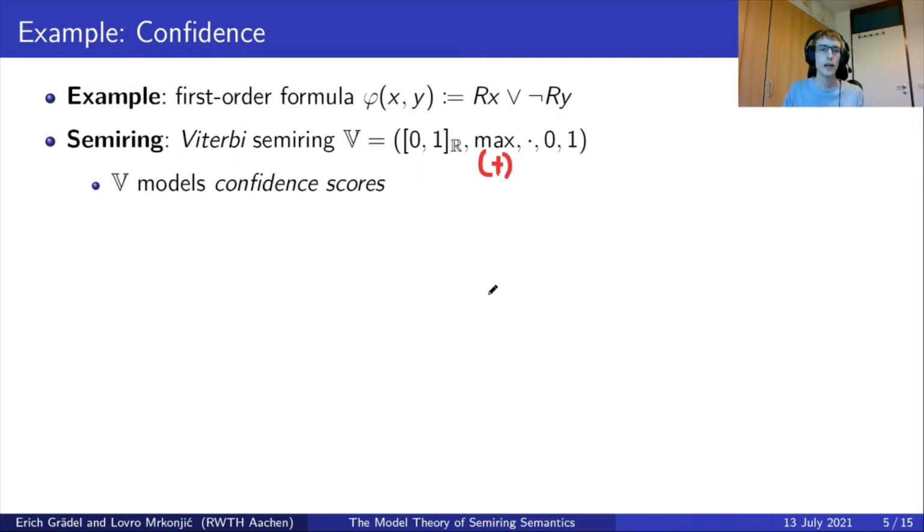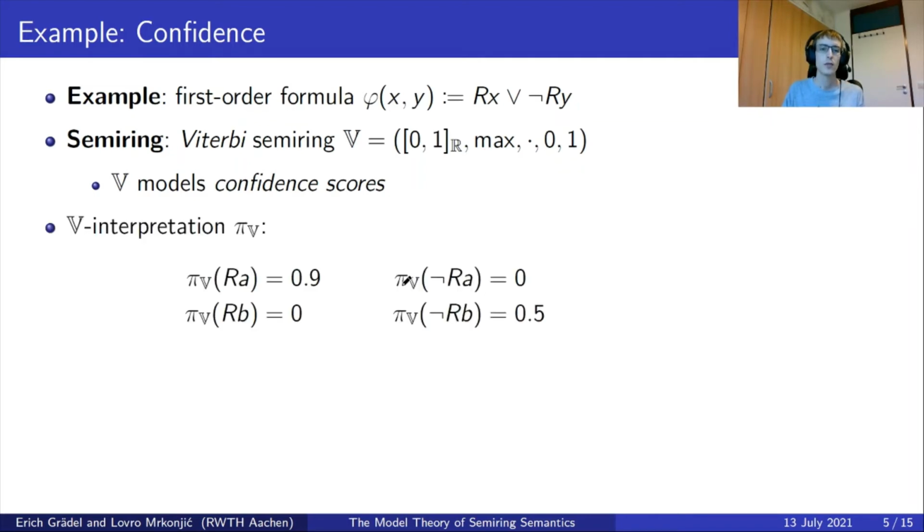So if we have a Viterbi interpretation, for example this one, we could see it as confidence scores for all the literals. So our confidence that the literal RA is true is 0.9, and our confidence that not RB is true is 0.5. And now by applying semiring semantics to this formula with this interpretation, we can find out the confidence that this formula is true.